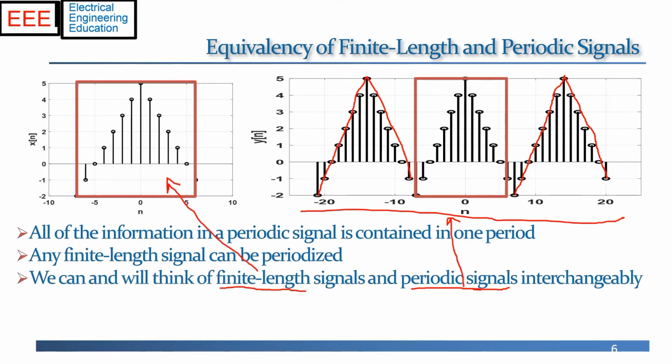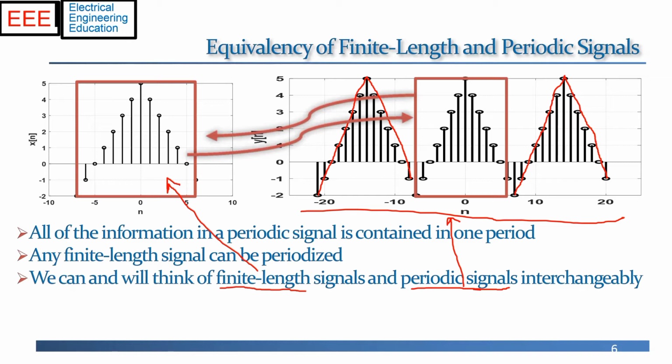And so, we are going to think interchangeably about finite length signals and periodic signals because we can go back and forth between the two. We go this direction by just windowing out one period without any loss of information. And we can go this way by periodization, again without creating or losing any additional information.